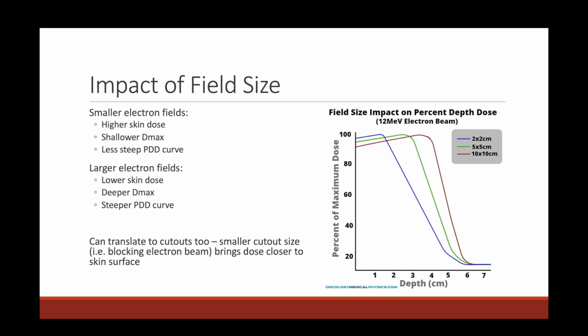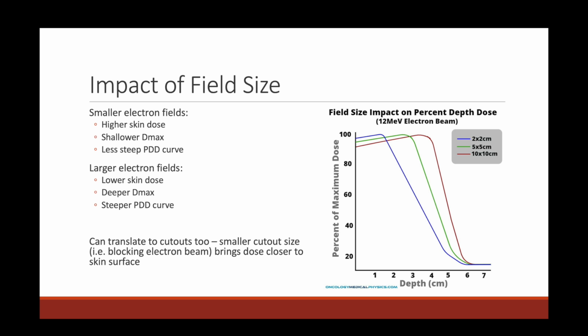So it'll tell you, for example, a 10 by 10 versus a 15 by 15 cm field for a 9 MeV electron beam, this is how the depths will differ. So in practice, you can reference that book and make a decision on what to treat based on the measurements that you've taken on the patient.